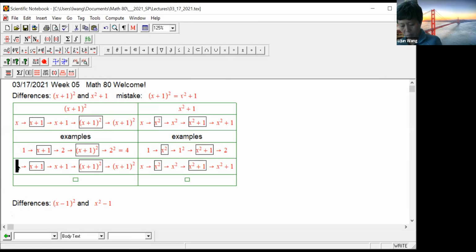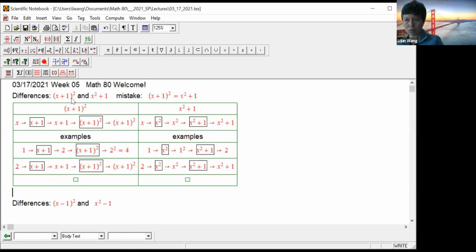So are you ready to try one more? I'm going to give you the input of 2. Everybody, please work on this chart, and you're going to tell me what is the output for x plus 1. You can do it algebraically if you want. I will show you the algebraic way of doing it. 2 is given to x plus 1.